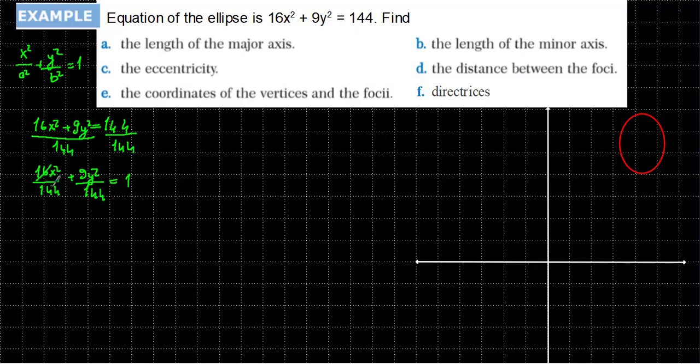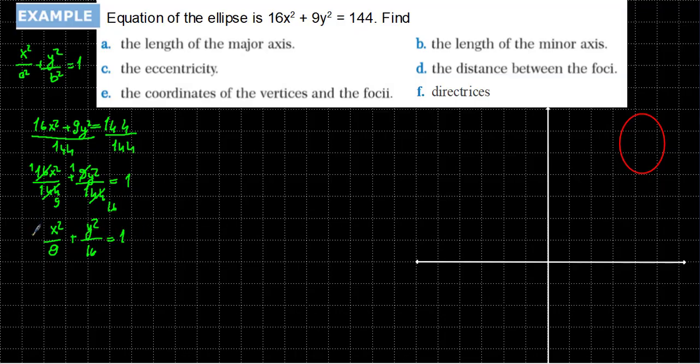But when we simplify, 144 is 16 times 9. So when you divide 144 by 16, the bottom part is 9. This is 1 and this is 9. And when you divide them, this is 16 and this is 1. So the equation is x squared over 9 plus y squared over 16 is equal to 1.